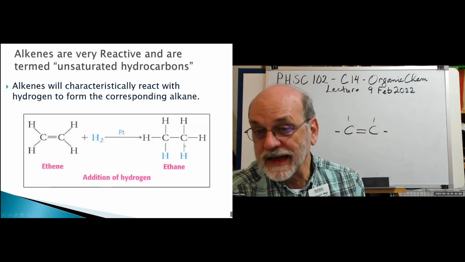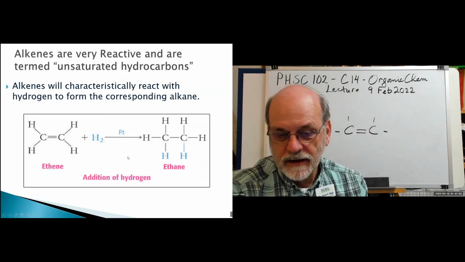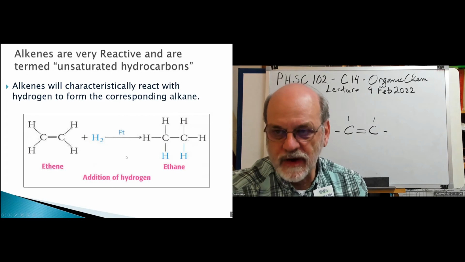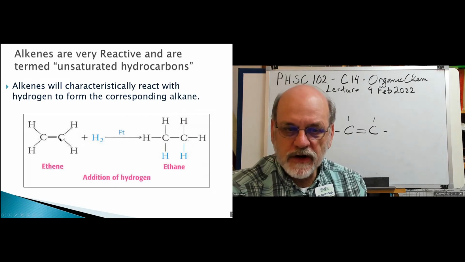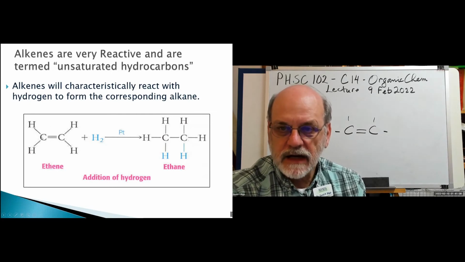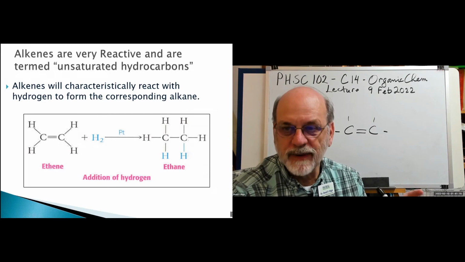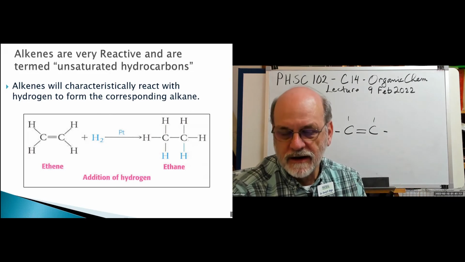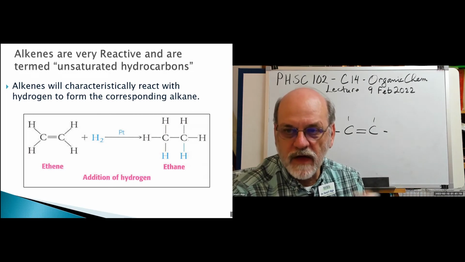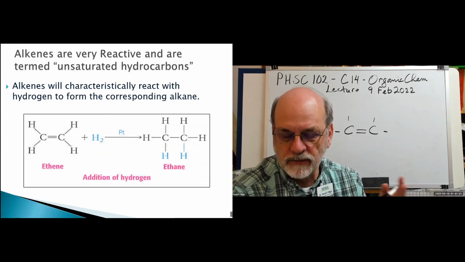And now you've got ethane again. We are resaturating the compound. This is known as an unsaturated hydrocarbon. When you have double bonds or triple bonds in the compound, it's known as unsaturated. Saturated compounds have all the hydrogens that they can hold, maximum number.